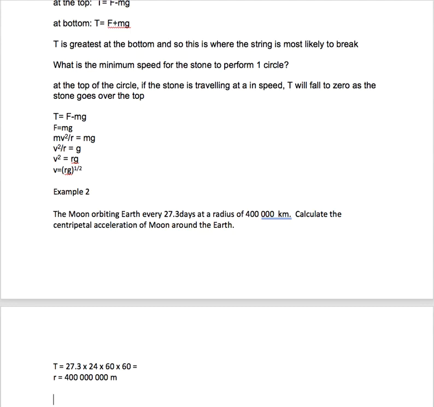We say omega is 2 pi over T, where T is 2 pi over omega.